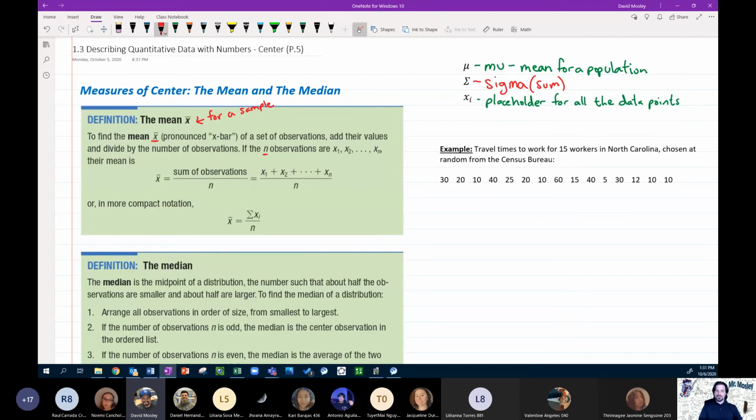If you're using x bar, they know that you're talking about a sample of the population. And that way we don't need to write it out. We just use a symbol. All right, so there's some new notation, but essentially it's new notation for things that we've seen before, or things that we know exist, at least.